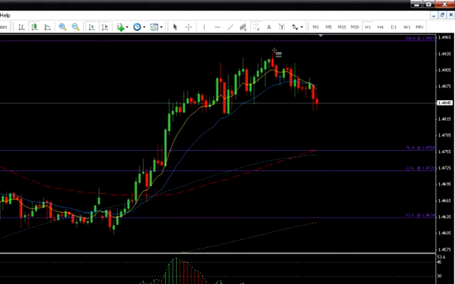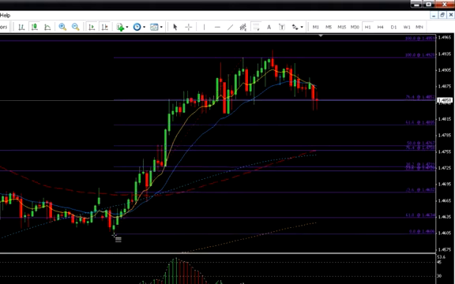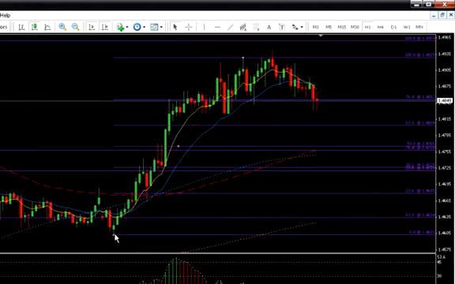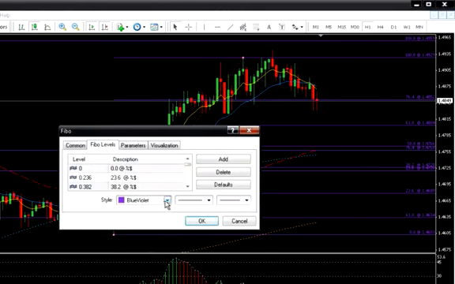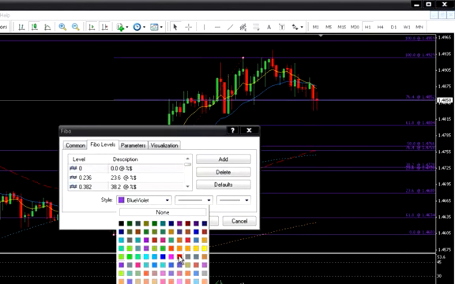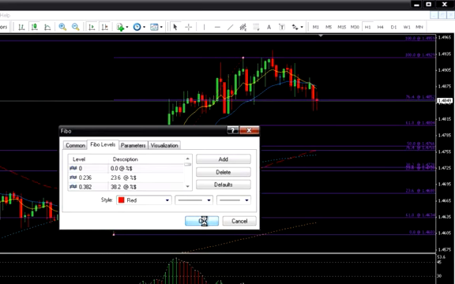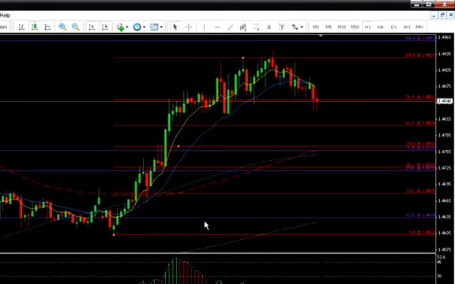So the actual last swing of it was there. Okay. Let's change the colour of that. Fib properties, and put that to be red. Okay. There we go. That's all your Fibonacci studies drawn.